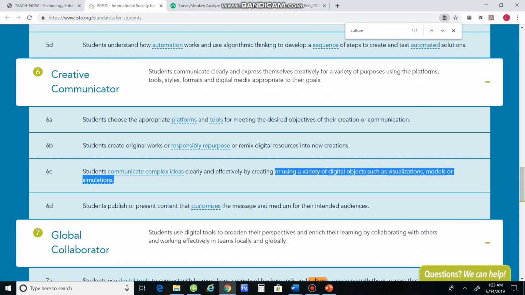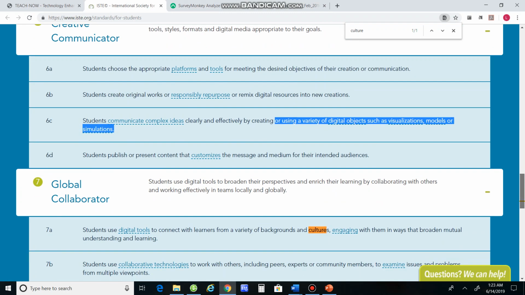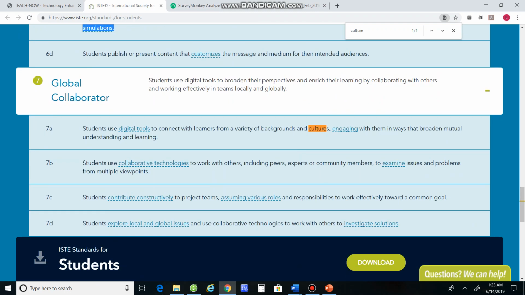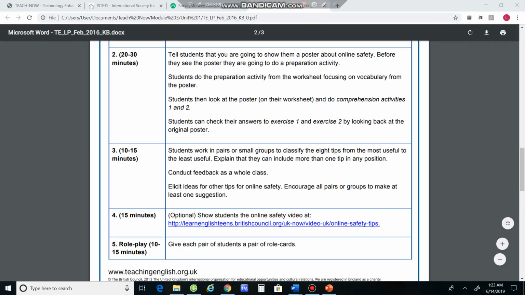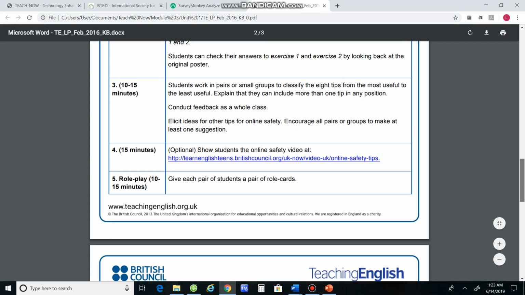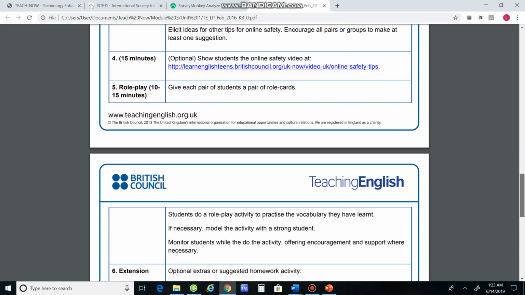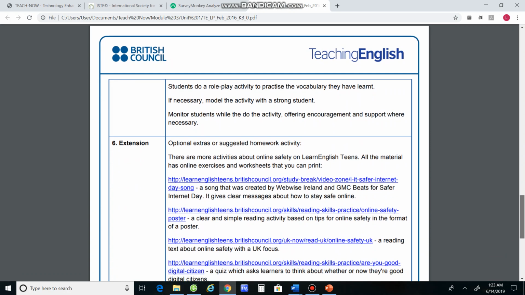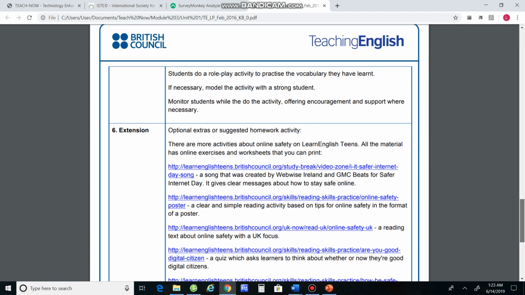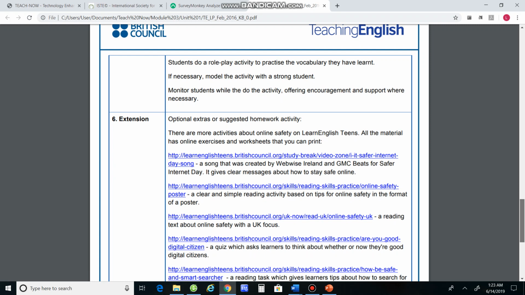And the other point I wanted to talk about on the ISTE standards was 7A, which is to connect with learners from a variety of backgrounds and cultures. So I think one way to improve on this lesson plan according to the ISTE standards is, since I'm quite an international person myself, to bring awareness to the students about the internet and online safety in other countries.